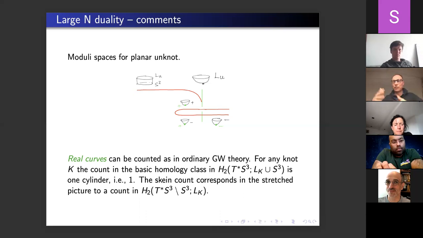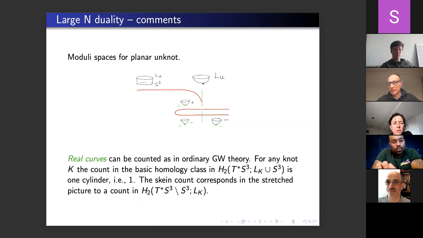They're safely of big energy, big area, and then we can stretch away, or we can introduce the A parameter without much problem. But without the A parameter, not taking this linking into account, the count is trivial. It's the same for all knots. So this is something one should really understand from a perturbative point of view.